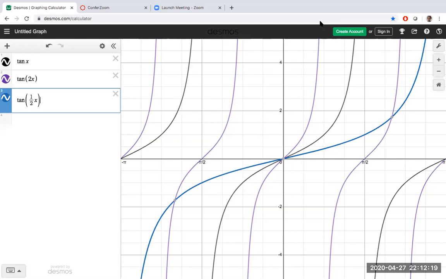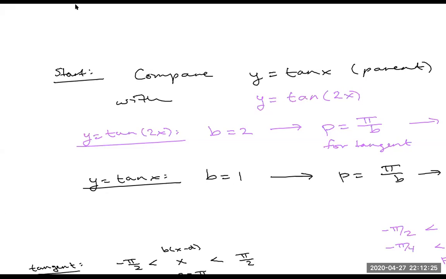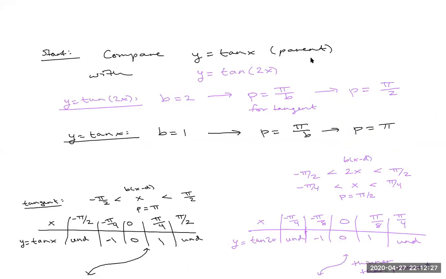Okay, the last thing I want to talk about is phase shift. So let me clear all this out. So far, A, B, C, and D, we've covered A, we've covered B, we've covered C, so now we've covered D, phase shift.